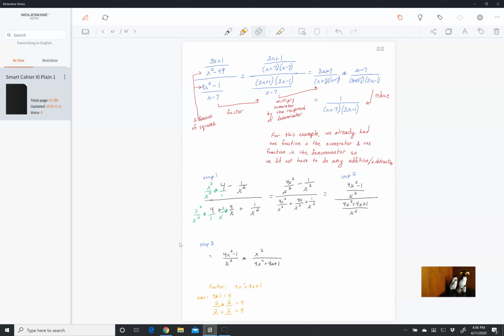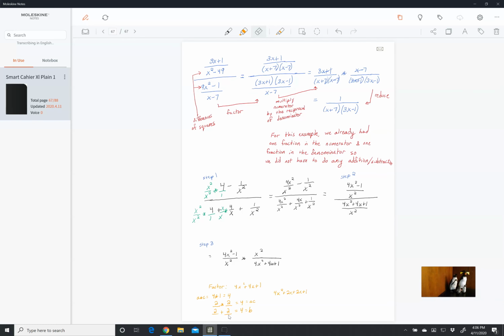So they have to multiply to our a times c, and they have to add to our b. Then, if you remember, we rewrite our b term, our 4x, using this 2x and this 2x. So it becomes 4x squared plus 2x plus 2x plus 1.